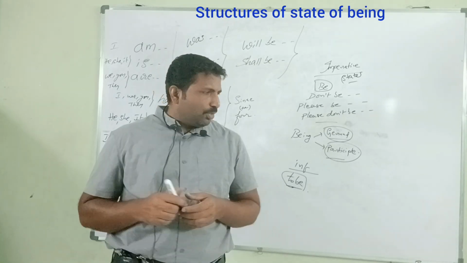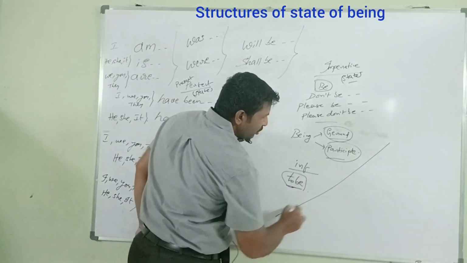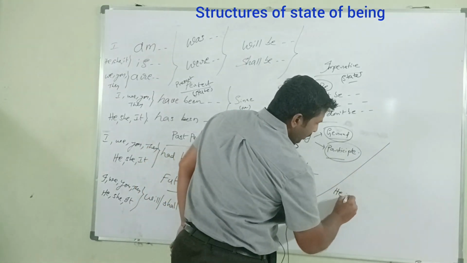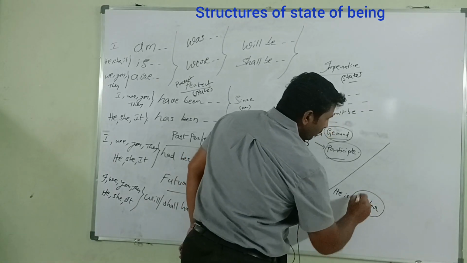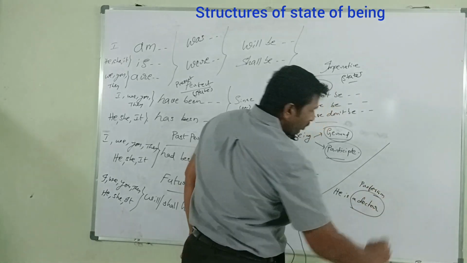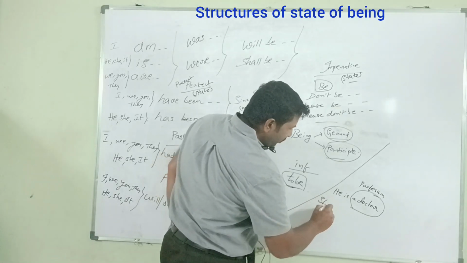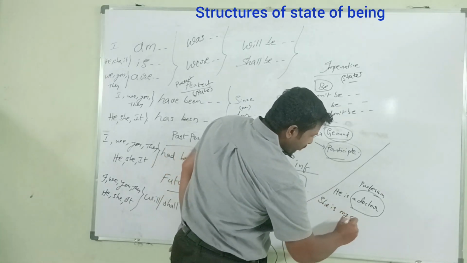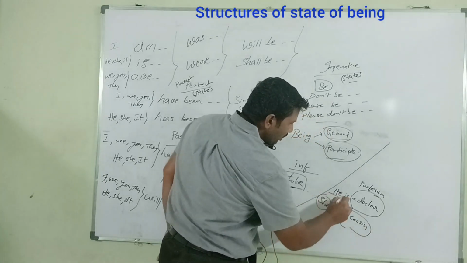Again, relationships. These sentences. For example, he is a doctor. Profession is expressed. Again, she is my cousin. Relationship is expressed with the subject.